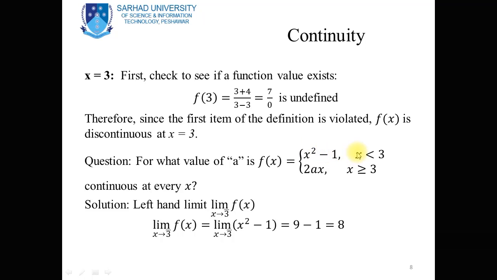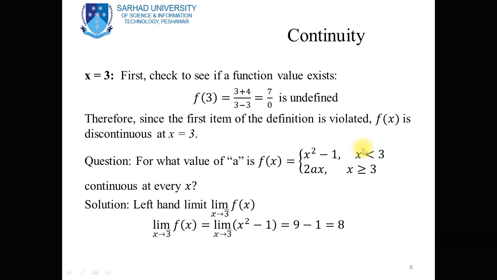For the left hand limit we put the value in the piece of the function where x is less than, and for the right hand limit we use the piece where x is greater than.